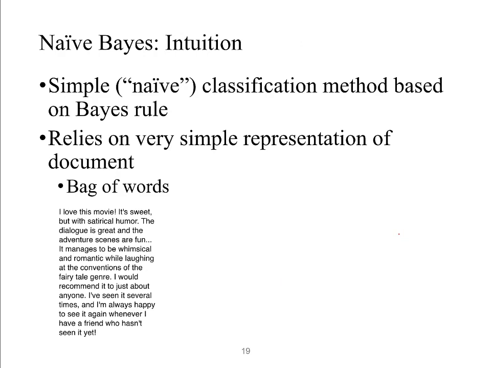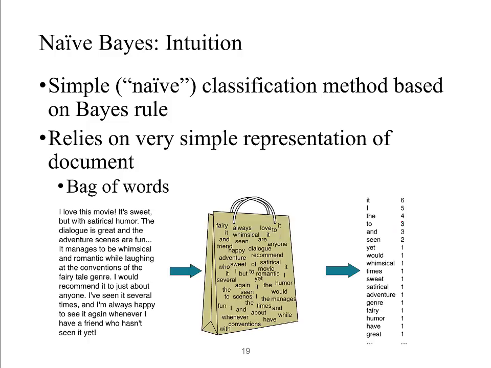Right. So the intuition of naive Bayes is that it is a simple classification method. So that's why it's called naive. Based on Bayes rule, so that's why it's called naive Bayes. It relies on a very simple representation of a document, which is a bag of words.